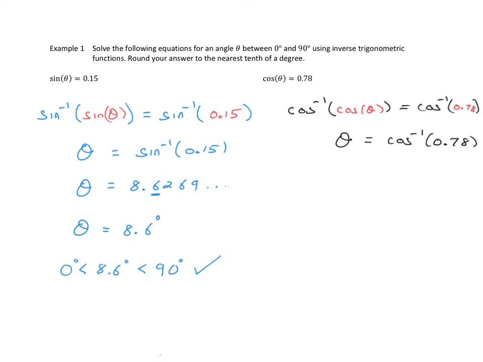Again, at this point, you would go to your calculator, and let's see, cosine inverse of 0.78. I'm getting that theta is equal to 38.739, dot dot dot. Since my calculator is in degree mode, I'm going to round here, and we get 38.7 degrees approximately.